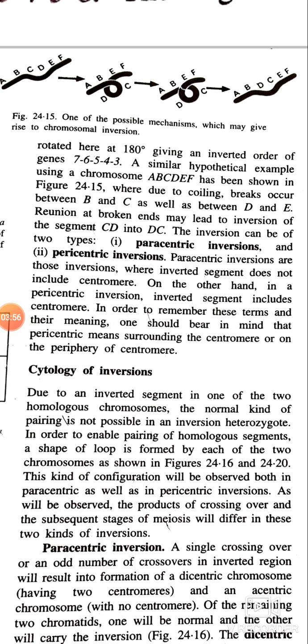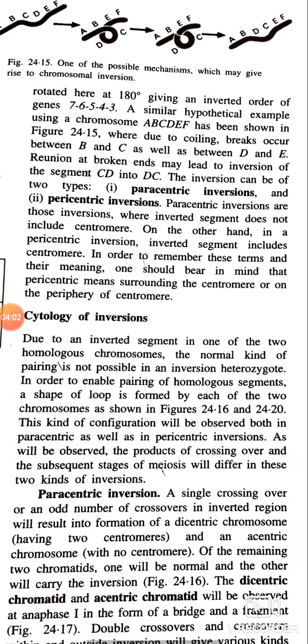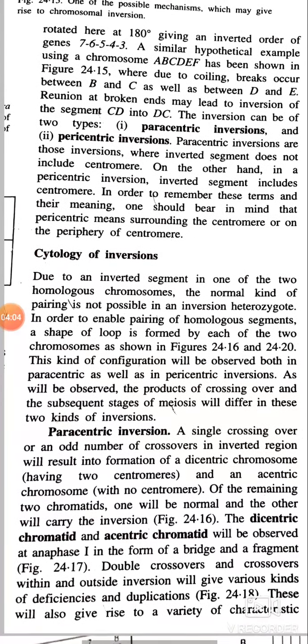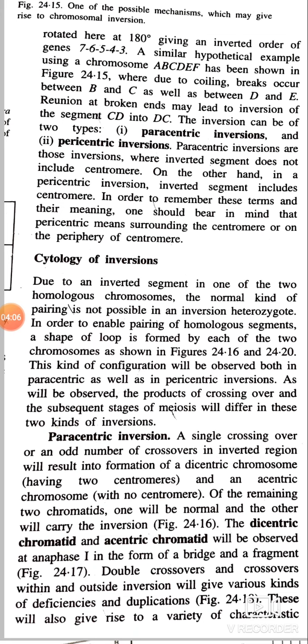Of the remaining two chromatids, one will be normal and the other will carry the inversion. The dicentric chromatid and acentric chromatid will be observed at anaphase first in the form of a bridge and a fragment.